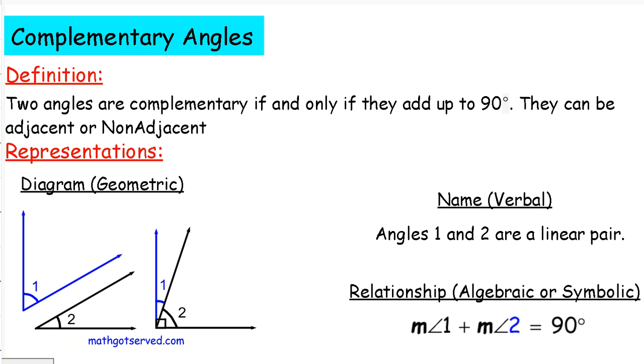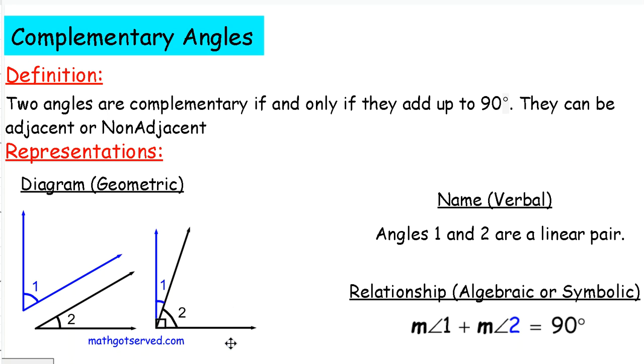How do they look? Well, let's take a look at the representations below. We have a geometric representation here, two representations of complementary angles. The first set, 1 and 2, these are non-adjacent. It means that they do not share any sides in common. And then over here, the second representation is a case where they are adjacent, next to each other.